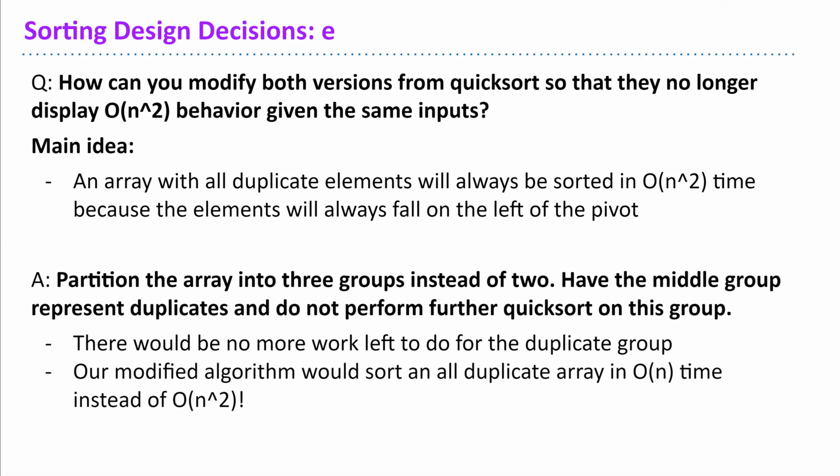And our modified algorithm on a duplicate array would sort in O of n time rather than O of n squared. The reason for that is once we choose a pivot and partition into our left, middle, and right groups, everything in our array would end up in our middle group. So we would be done sorting. And yeah, that is it for question 3.